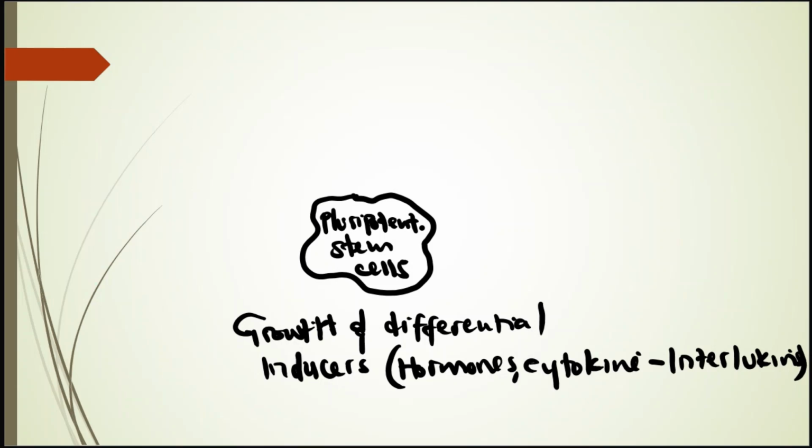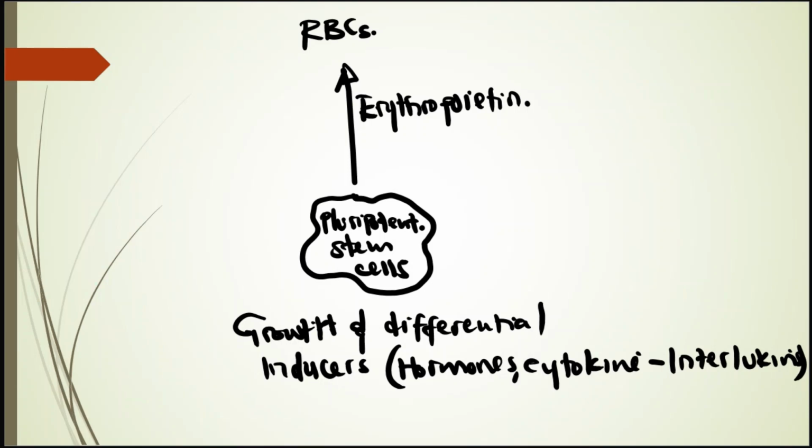These cytokines and hormones will tell the pluripotent stem cell in the bone marrow to differentiate into the cell that is required. If you want to differentiate into red blood cells, there is a hormone called erythropoietin. This erythropoietin will tell the pluripotent stem cell in the bone marrow to differentiate into red blood cells. So this is a growth and differentiation inducer.